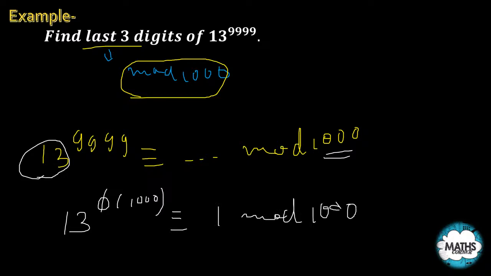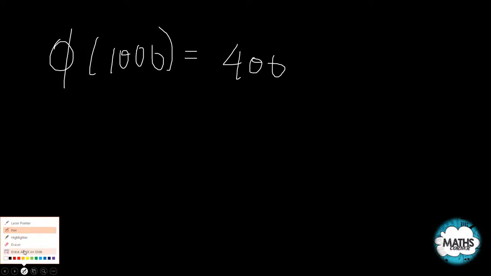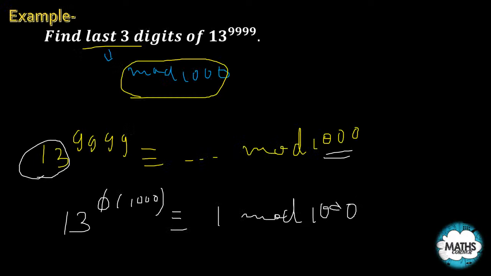Now what is my phi of 1000? When I calculate this using the formula that I calculated before, phi of 1000 comes out to be 400. So this will become 13 to the power 400 is congruent to 1 mod 1000.